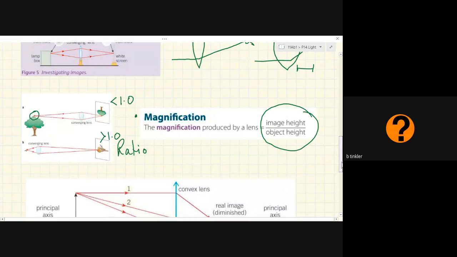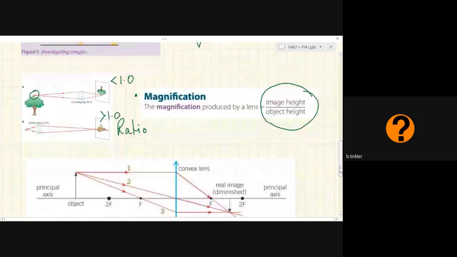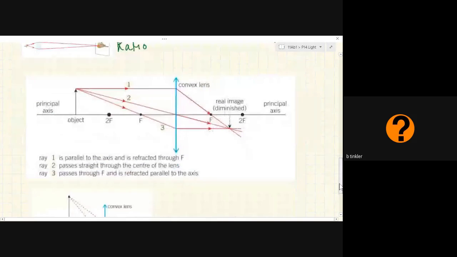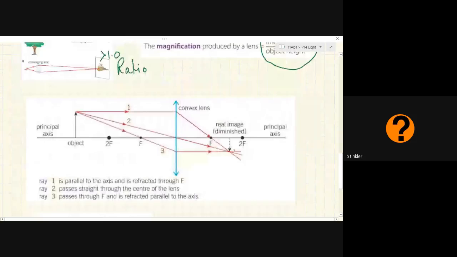Now, you are expected to be able to show how these images form using diagrams like this one here. It's quite hard for me to draw them well, but we're going to go through looking at this as an example.